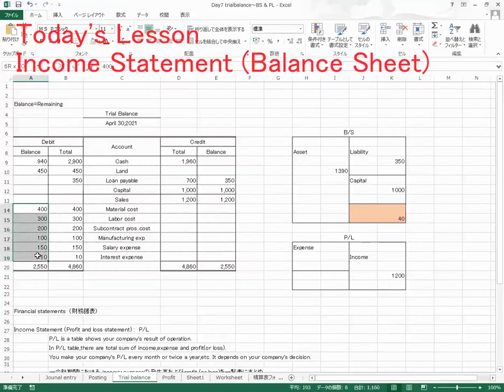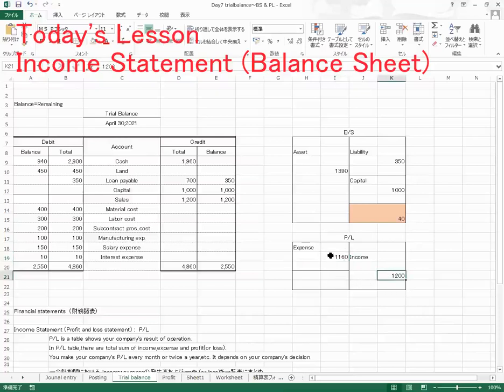And the expense total is 1,160. Just total 400, 300, 200, 100, 150.